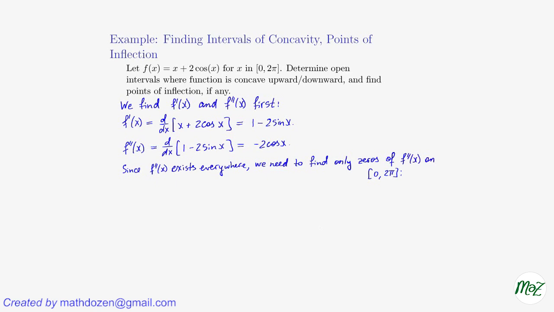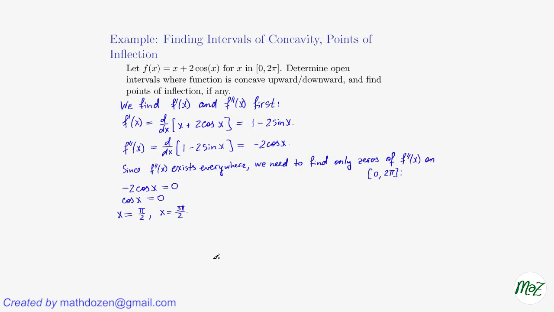Since negative 2 cosine x is defined everywhere, we need to find only zeros of the second derivative on the interval from 0 to 2 pi. Set negative 2 cosine x equal to 0. This is equivalent to cosine x being equal to 0.